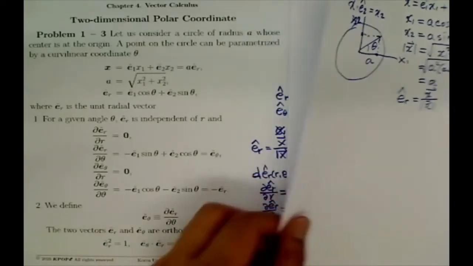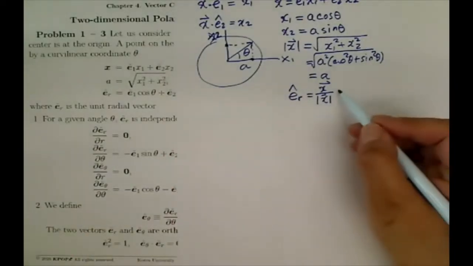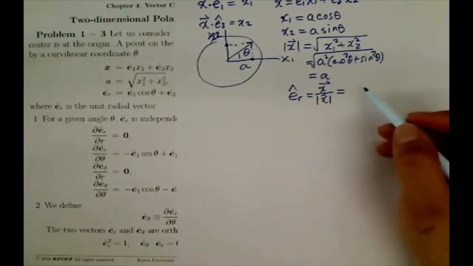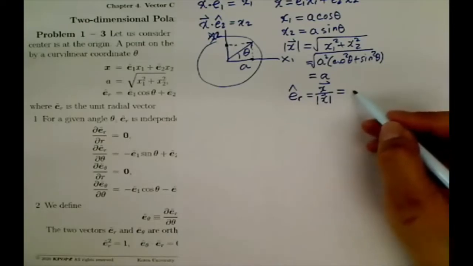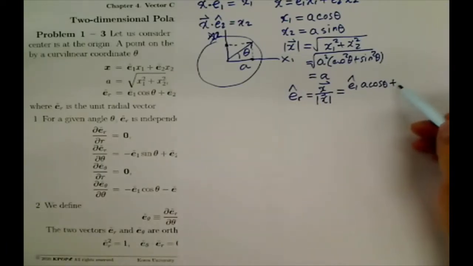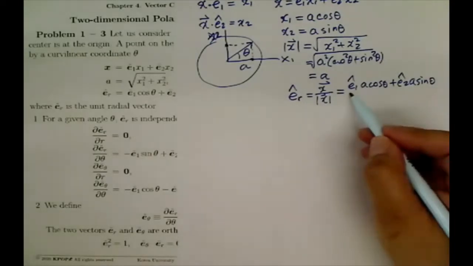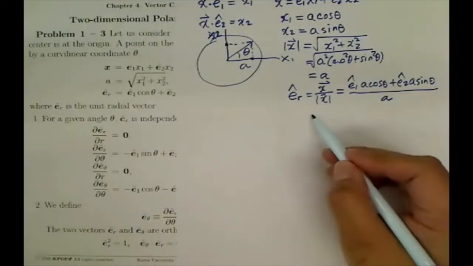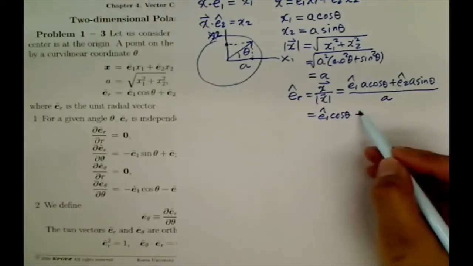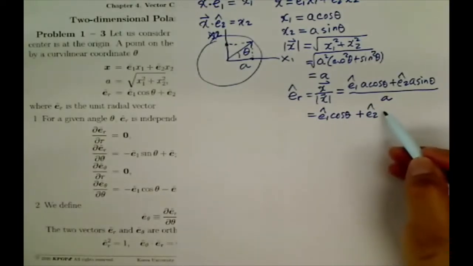That is e1 hat a cosine theta plus e2 hat a sine theta, divided by a, that is e1 hat cosine theta plus e2 hat sine theta.